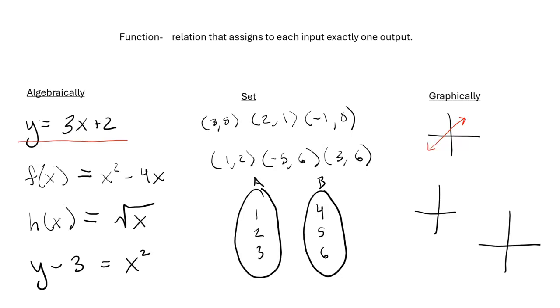It could be a quadratic or a square root function. Any of those are okay. And it doesn't even have to be like a set function that we are familiar with. It could be some sort of polynomial with kind of like a wavy situation. Any of these would be functions.